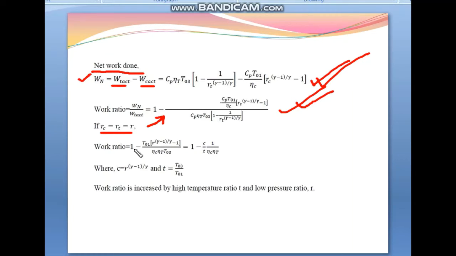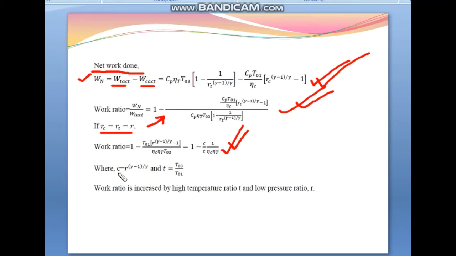That is 1 minus T1 into R to the power (gamma minus 1) by gamma, by eta_C eta_T into T3. So 1 minus c by small t into 1 by eta_C eta_T. This is the ideal expression for work ratio.